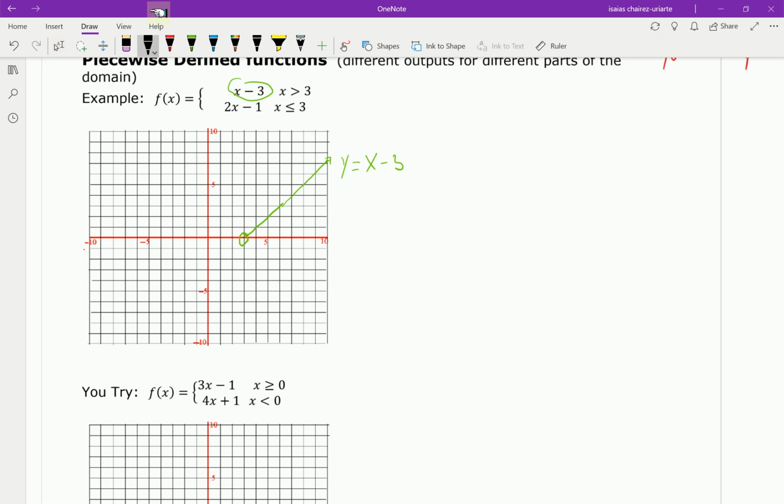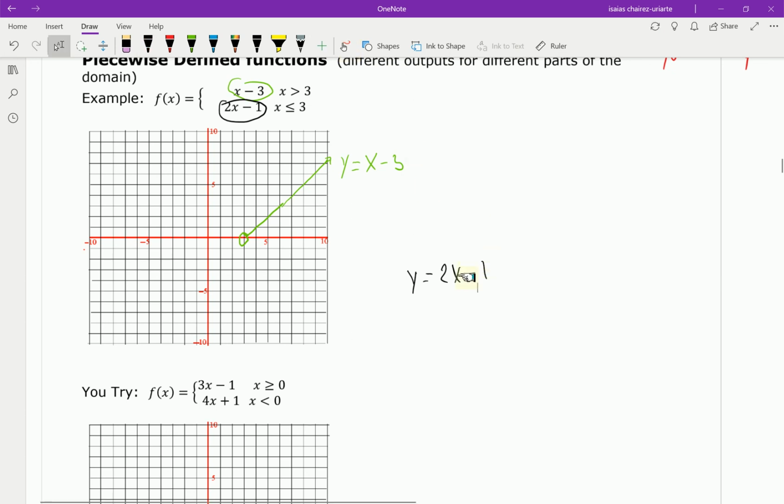Let me sketch the other piece. Let me think about this piece right here. I'm going to sketch it in black. So I have y equals 2x minus 1. Let me think about first just graphing it. I'll erase the part that I do not need.